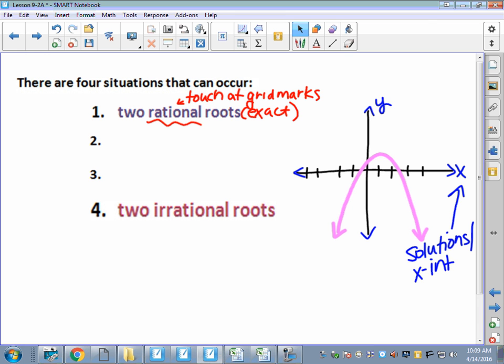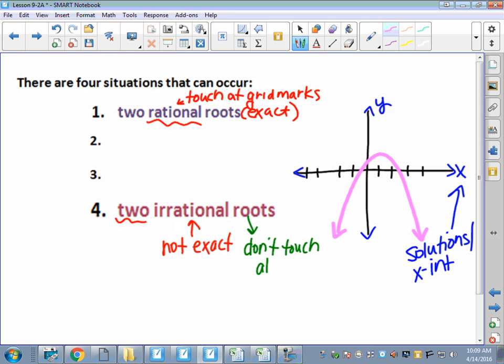So it still touches in two places, but they are irrational, not exact. They don't touch at a grid mark, or at your actual numbers on your ordered pairs.